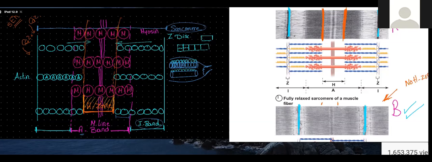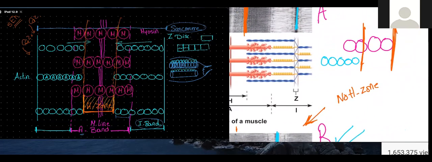H zone, where did it go? Disappears. So you see on here, I've got thick filament like this. This is my thin filament. The part that has thick filaments not overlapped with thin filaments, this is my H zone. When I pull those actin subunits like this, all the thick filaments are going to be overlapped with thin filaments.